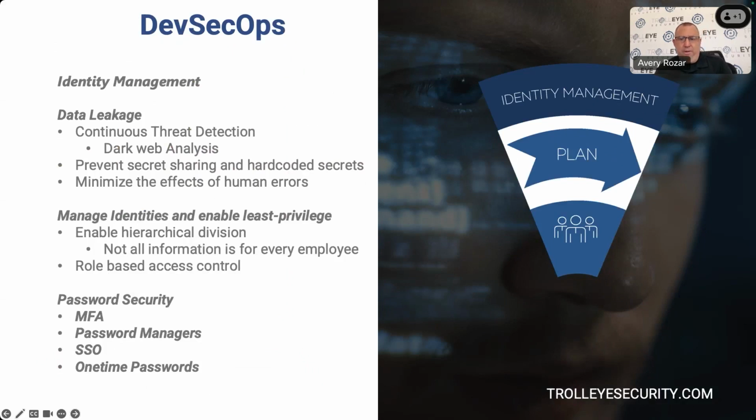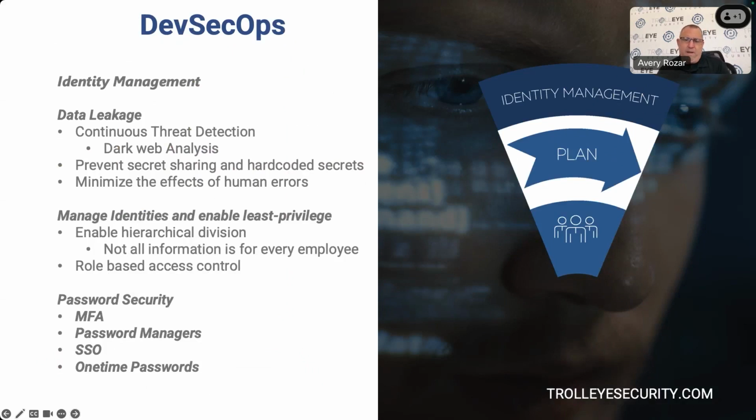So next during the planning phase is you address identity management. Kind of starts with data leakage. You're looking for continuous threat detection, dark web analysis. Our dark web analysis really is second to none.